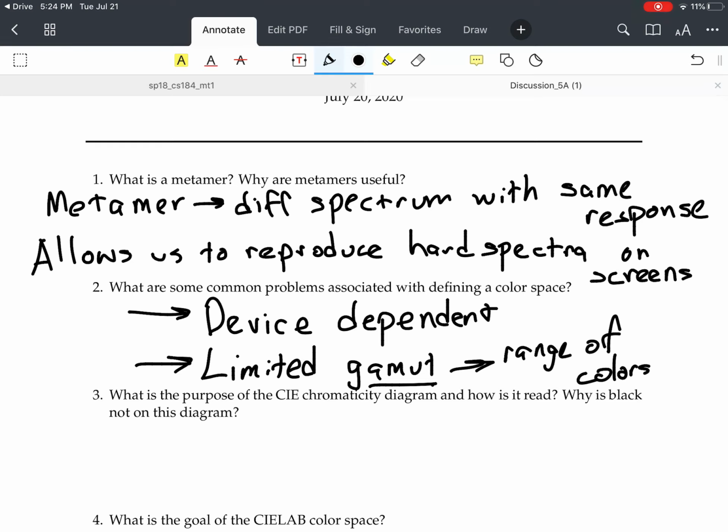That's one of the considerations we have to keep in mind when defining a color space, because we have to know what range of colors we can actually display, and make sure that our color space follows along with that. Okay, so those are some of the common problems associated with defining a color space, and let's keep going.